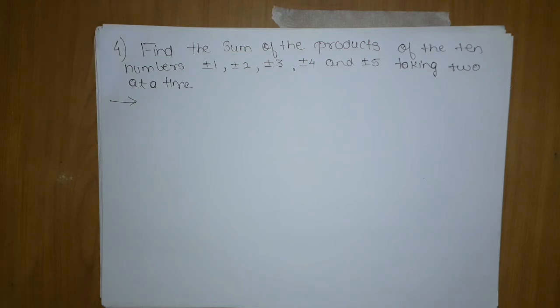You need to find the sum of the product of two numbers taken 2 at a time. That seems similar to the dependent variable thing.